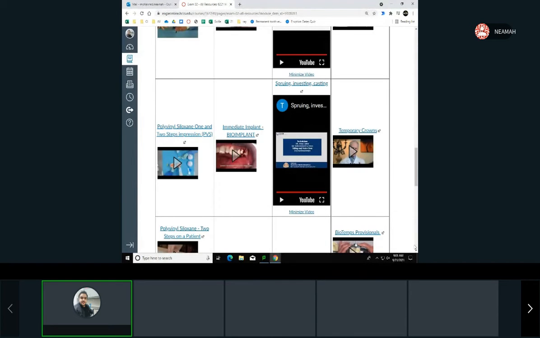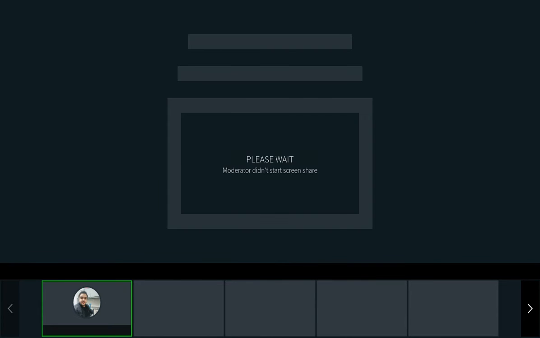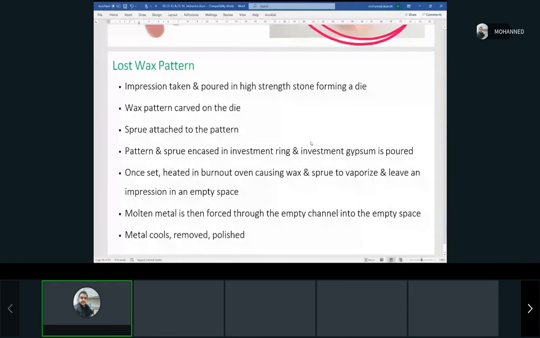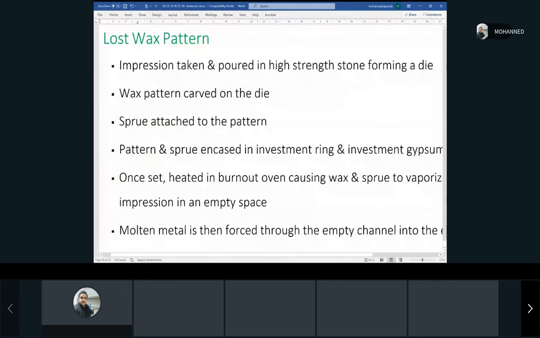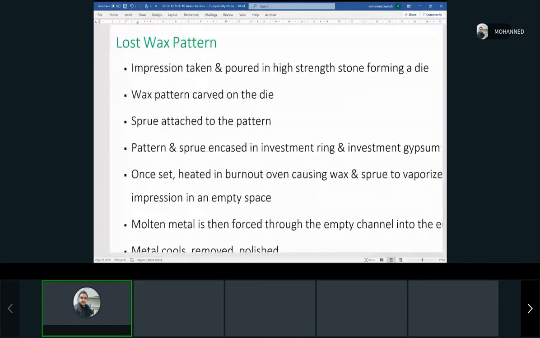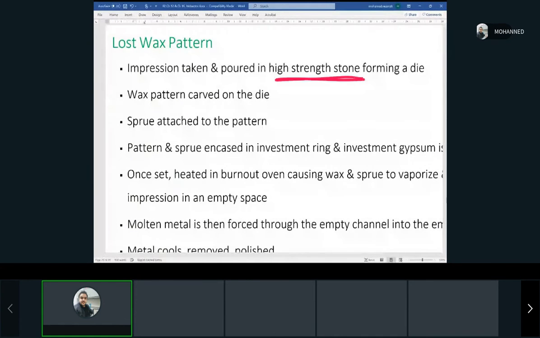Let me see. I think I'll share my screen here just one more time to finish that part that we just talked about. Okay, so this is the lost wax technique, right? We take an impression, and you make a cast with the stone. You put the wax pattern like we saw, right? You put a sprue.